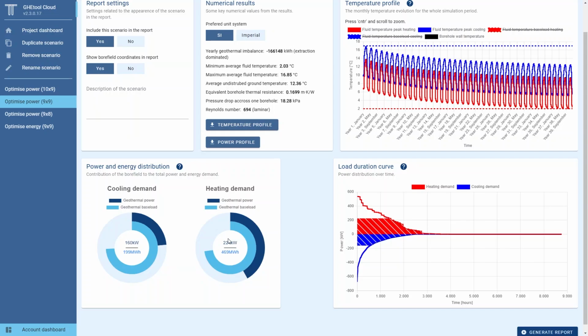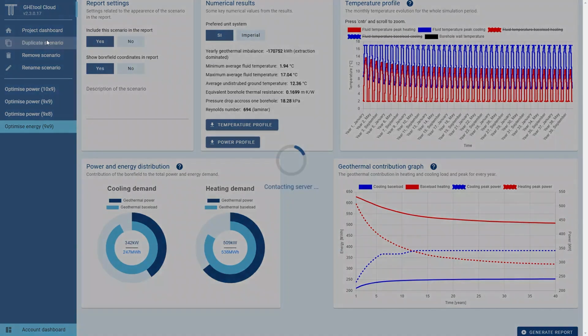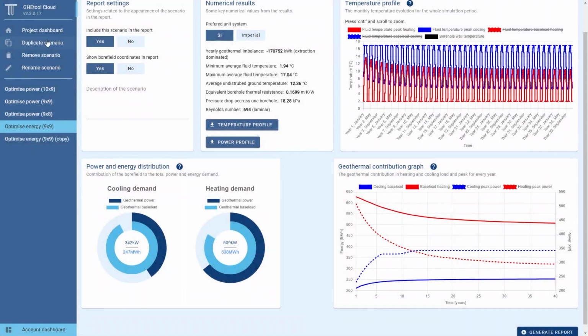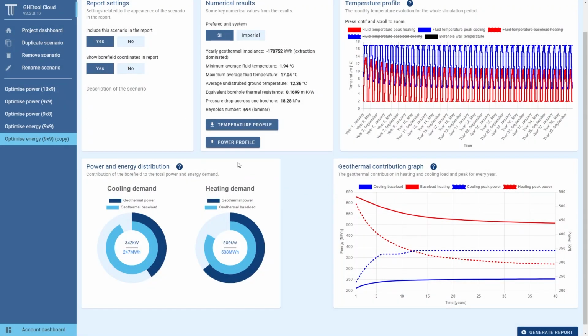And we see that when we have 224 kilowatts in the optimized power, we already have 73% of the geothermal heating and cooling. So if we say, well, let's duplicate the scenario. Let's keep it that way.